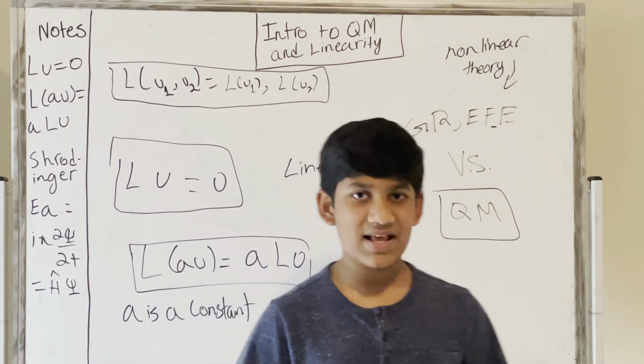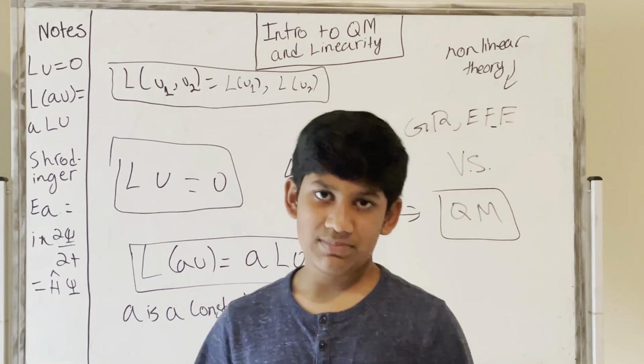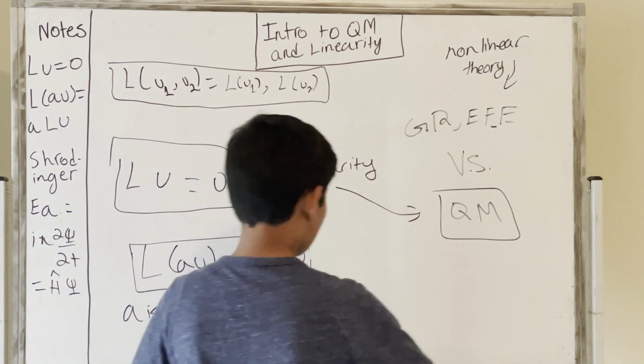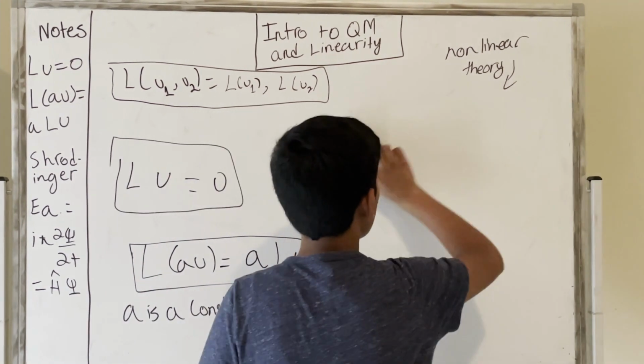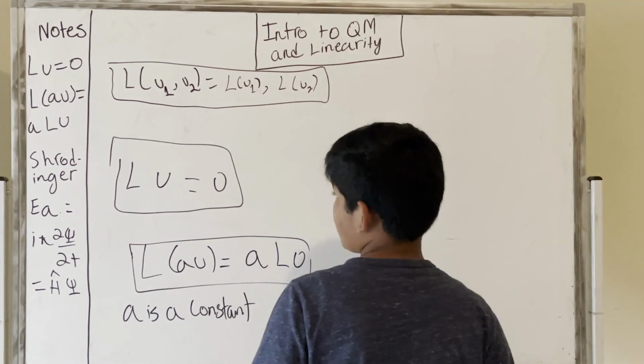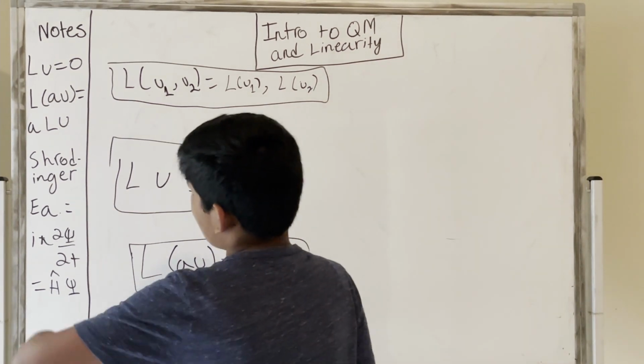So now that we have covered this, let's talk about the basics of quantum mechanics. So, quantum mechanics, let's talk about the basic equations. And before we do that, let's talk about one linear equation inside quantum mechanics.